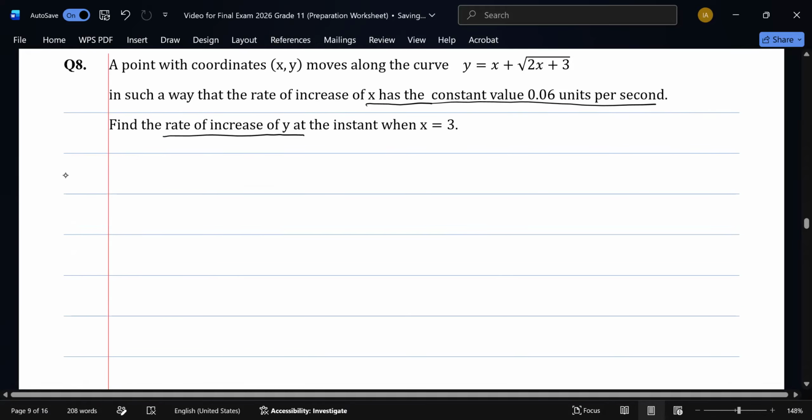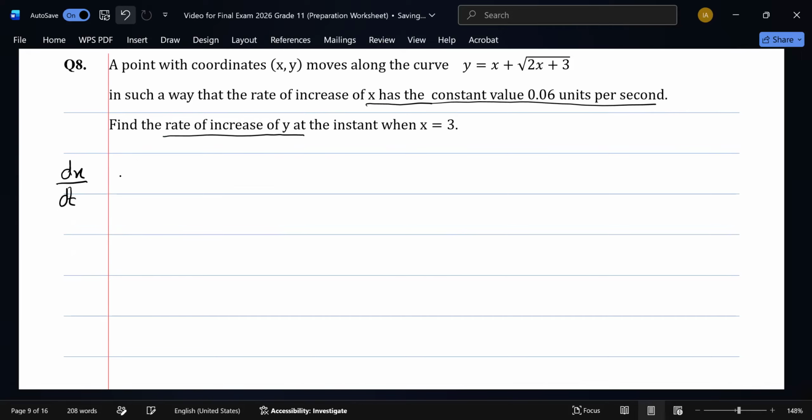But before this, just write down what we have: the rate of change of x, which is 0.06.